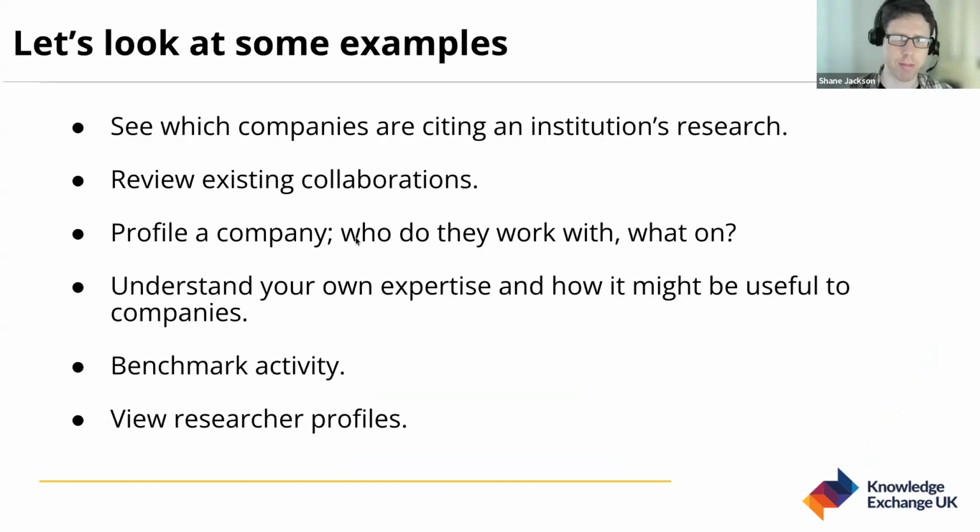This is to see which companies are citing an institution's research, review existing collaborations, so profiling a company, looking at who else they work with, what areas they may work in, better understand your own expertise as an institution, and building upon that company profiling, understanding which aspects of that may be of interest or particular use to a company. Show you how you can benchmark some of this activity, and also lastly, an overview of some of the information you can view in researcher profiles.